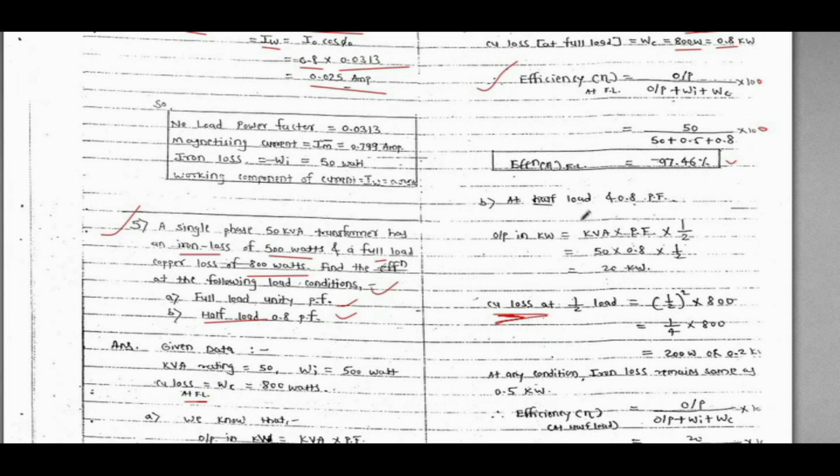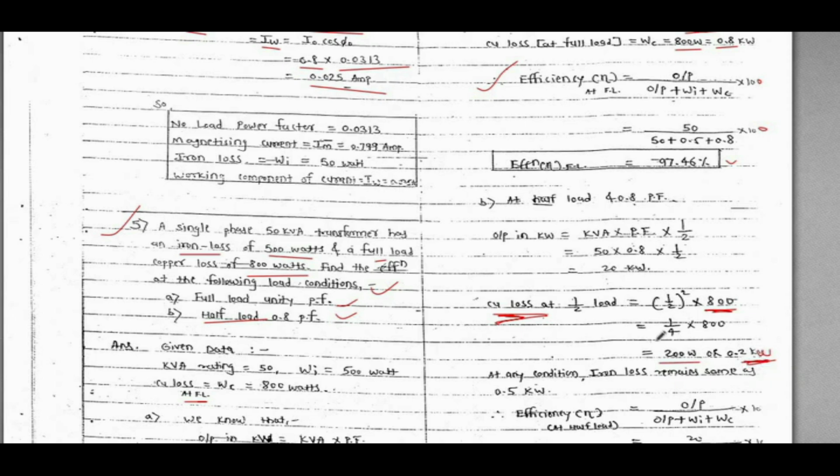Copper loss at half load is given by half squared into full load copper loss. Full load copper loss is 800, so this is 200 watt. Converting into kilowatt, 200 watt is equal to 0.2 kilowatt.